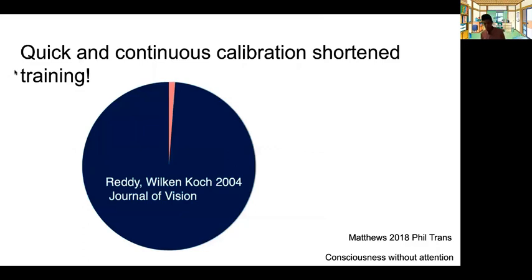And the first improvement that Julian achieved is to use the calibration procedure called the Quest, which is a detail that I'm not going to go into, that can reduce the duration of the training quite a bit. So this pie chart shows that the previously shown 2004 paper required like 6 to 12 hours of training before going into the main task, but now we shortened it to 10, 15 minutes of training.